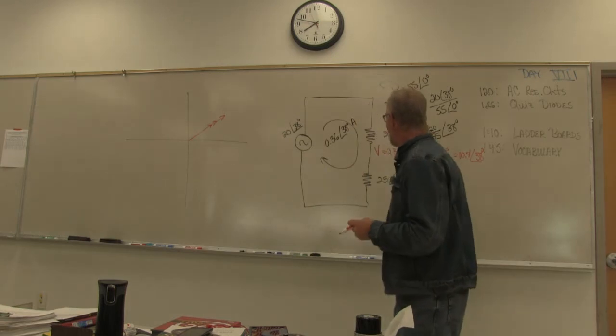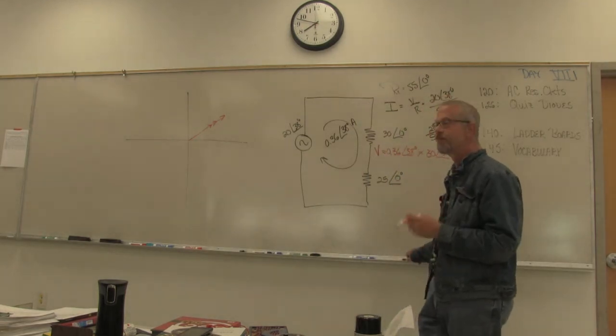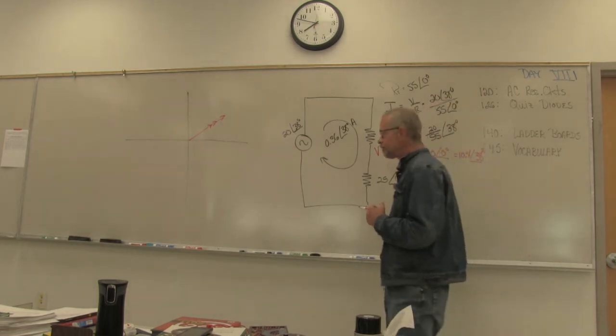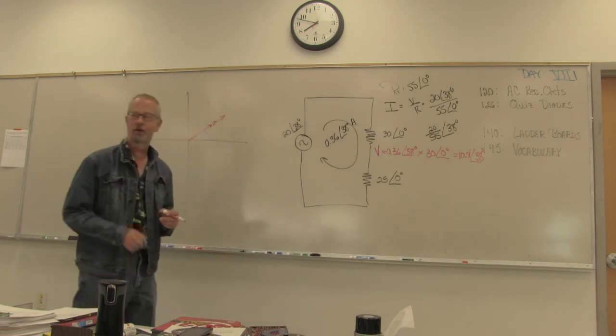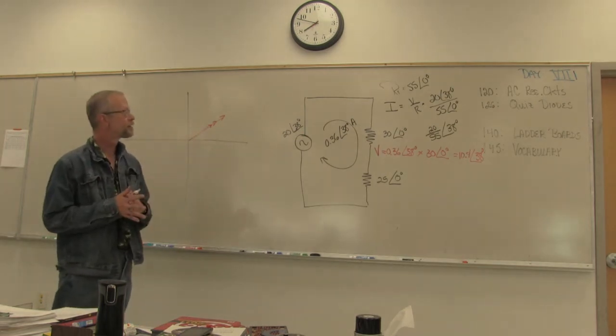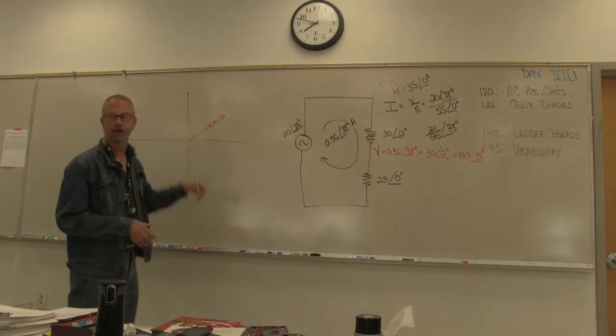Okay, so the angles follow the source in this case if we're simply working with resistors. When we start to work with capacitors and inductors, that's when we'll start to see things start to separate over here.